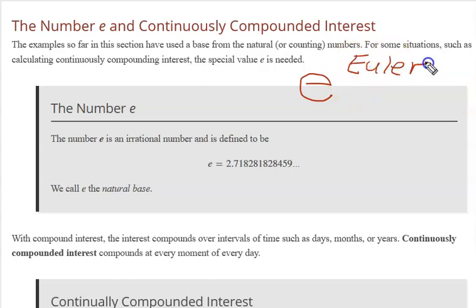I want you to write this down too. You might think of it pronounced a different way, but the U is pronounced as an O in the German. So Theodore Euler would not be the correct way. It's Euler. All right, I said it the wrong way. And he is associated with this number E.